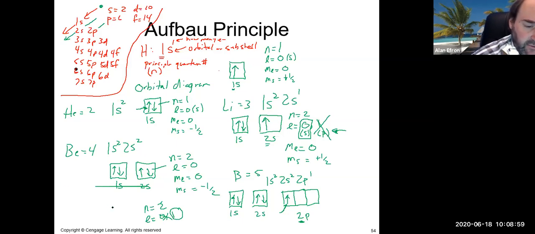If our l equals 1 in this case, if you remember, our m sub l goes from minus l to 0 to plus l, which means technically this could be minus 1, 0, or plus 1. The reason you should draw all 3 of those boxes is because each one represents a different m sub l.